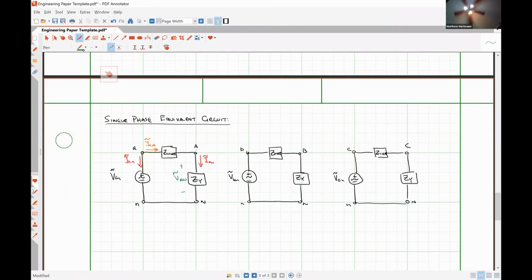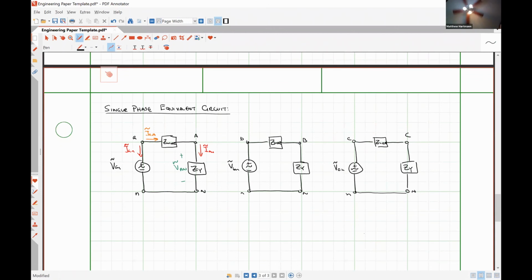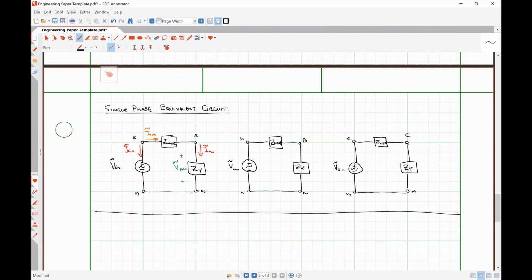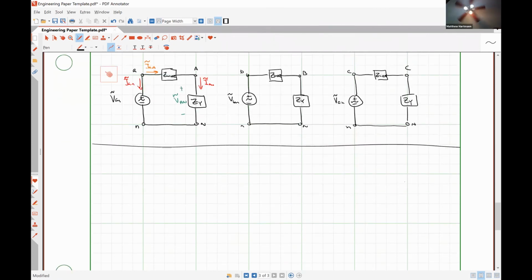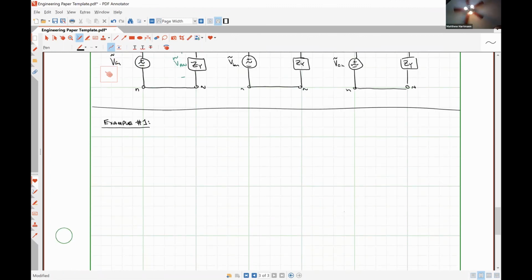So let's analyze an example problem real quick to kind of put these relationships into use and then see how we can effectively manipulate things by understanding what a balanced 3-phase circuit means to get some other quantities. So example number 1, but it'll probably be the only example that works for today.